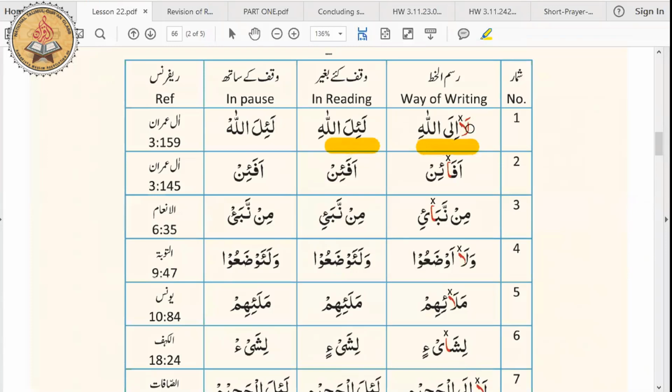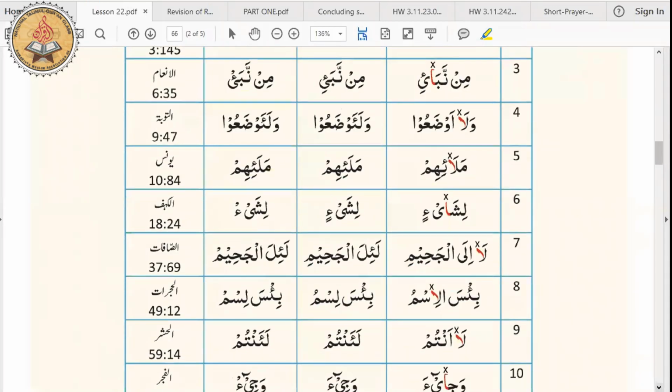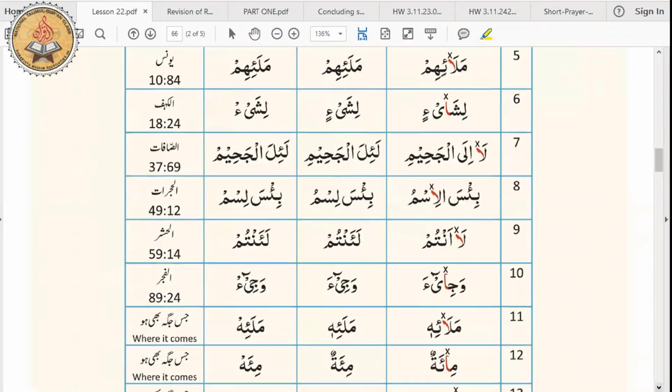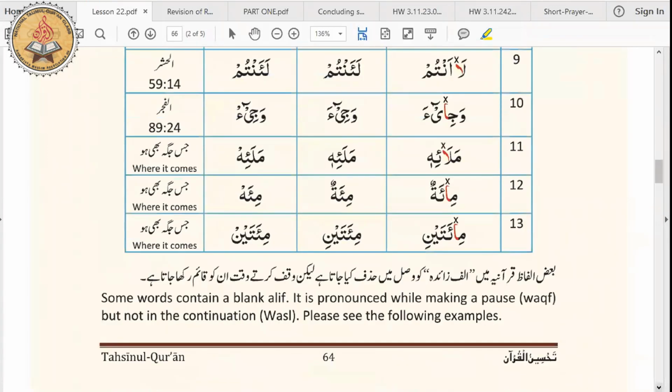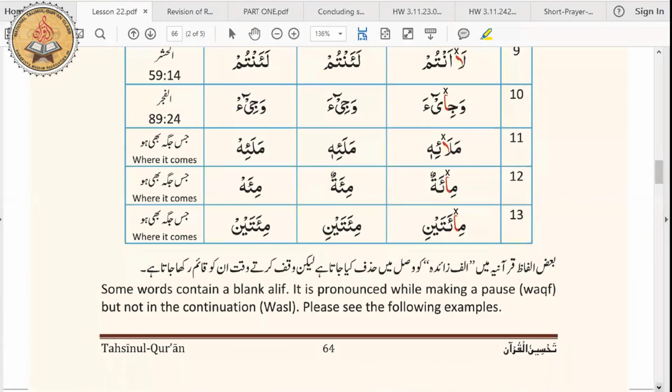So when we exclude the alif zaida or excessive alif, we read this word like La ilallahi. And when we are doing waqf, we read it like La ilallah. So this is about alif zaida, and we exclude alif zaida or excessive alif, whether it comes in between or at the end of the word.